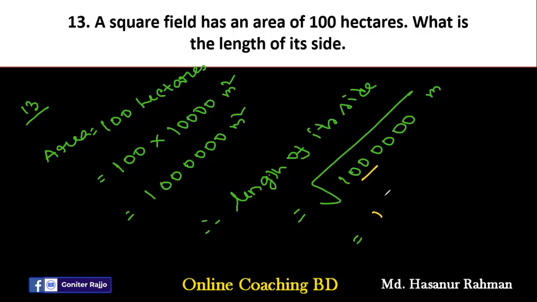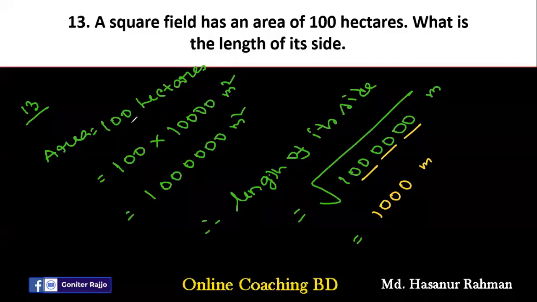So from this 2 zeros, we are taking 1 zero. Very simple. So answer should be 1000 meter. Actually, the square and the square root are the same thing, so when square and square root are there, both will be omitted. So answer will be 1000.